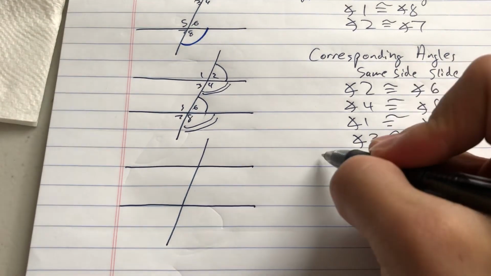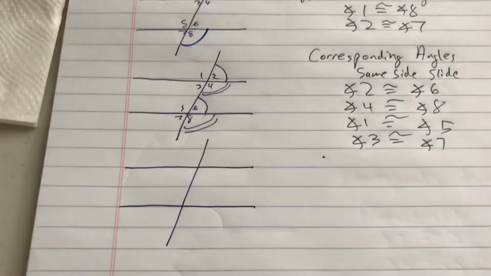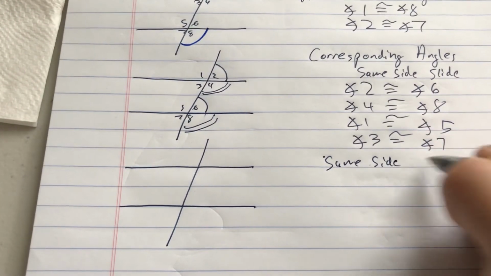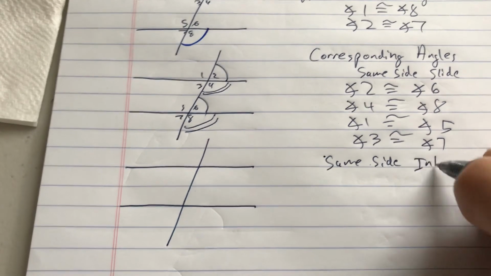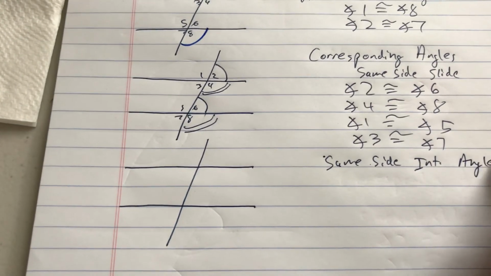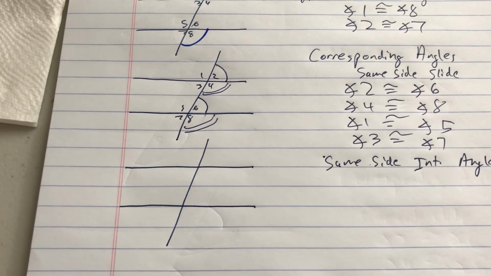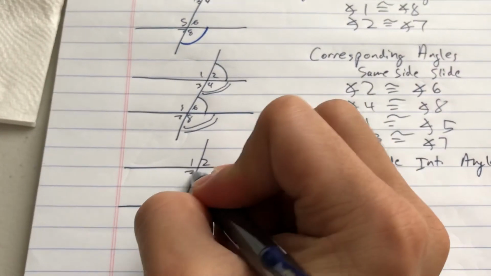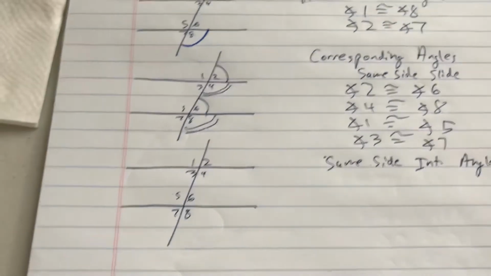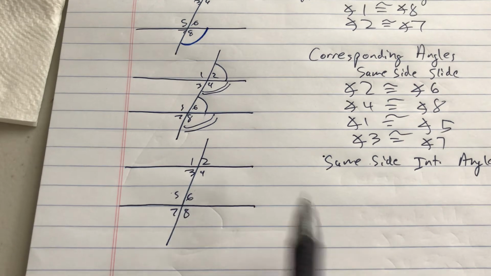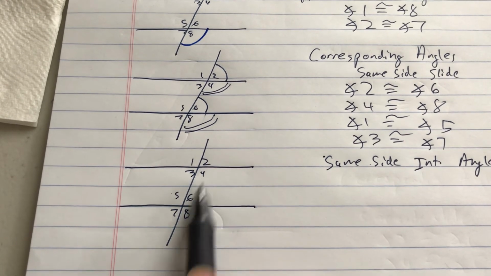Finally, instead of alternating interior angles and alternating exterior angles, you have same side interior angles. And these actually add up to 180. So if you are on the same side and the interior angles, 4 and 6 are on the same side and they are also interior angles.